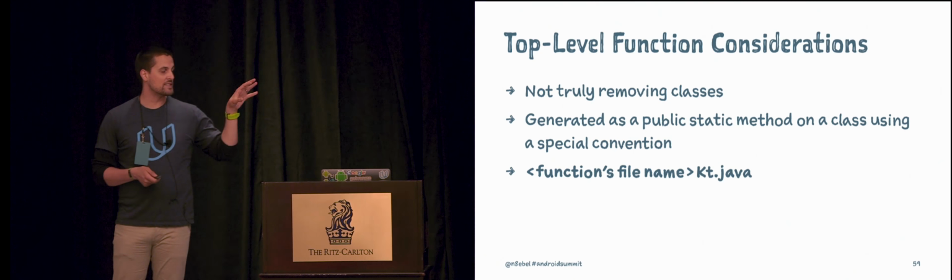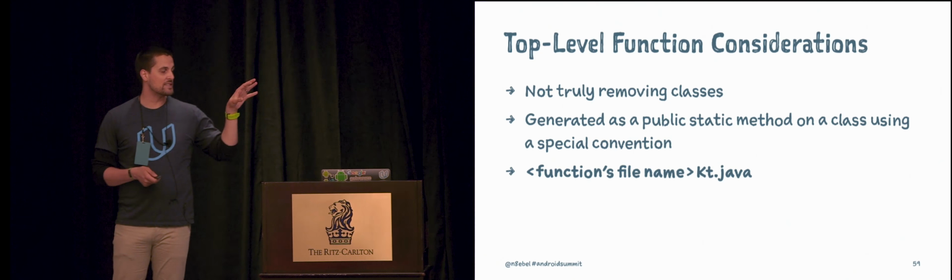So to help see what that looks like, we have a file here called logging.kt. Then we have, it's in package logging, and we have our function log. Now from the generated code, that's what this then looks like. Again, the name of the file was logging.kt, so the class becomes LoggingKt, and then the function becomes a public static void, and then the rest is the same.